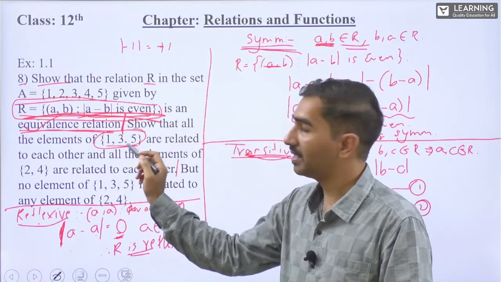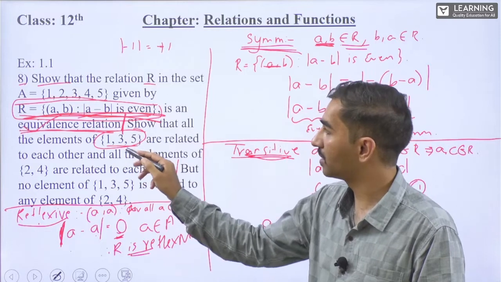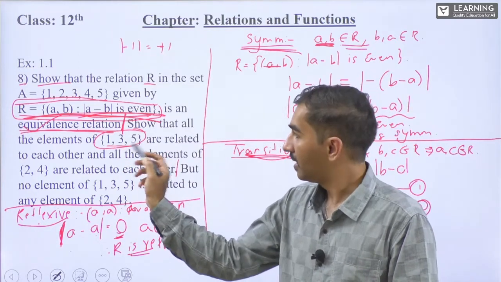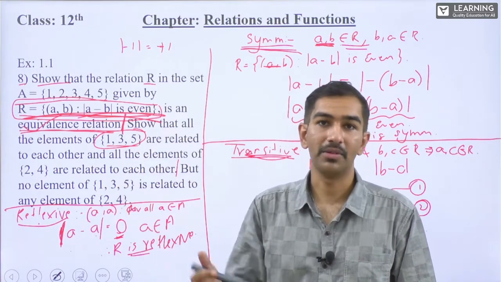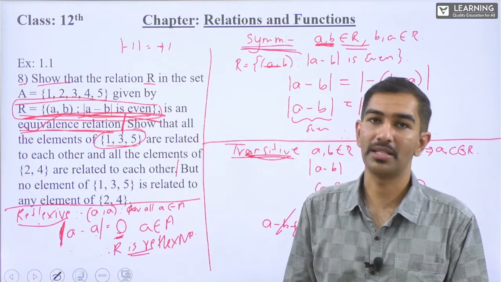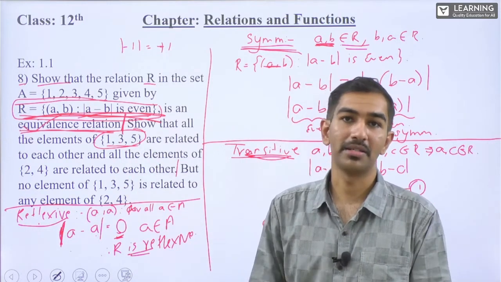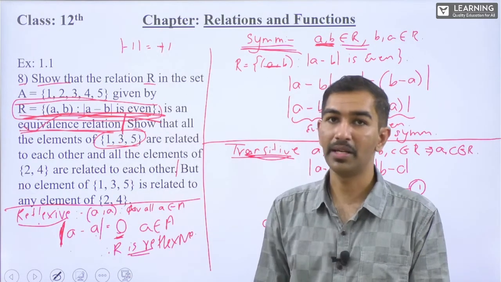1, 3, 5, all are odd numbers. So subtract 5 minus 1, 5 minus 3, 3 minus 1, 3 minus 5, subtraction between these numbers. When you subtract two odd numbers, what is the answer? For example, 5 minus 3, what is the answer, students? 2, which is an even number, correct? 3 minus 1, again an even number.